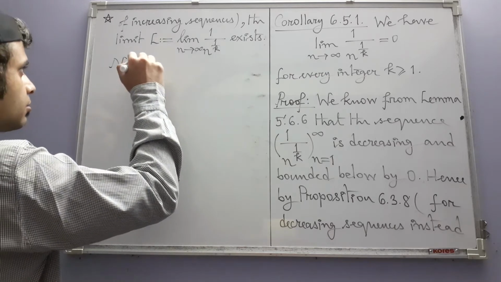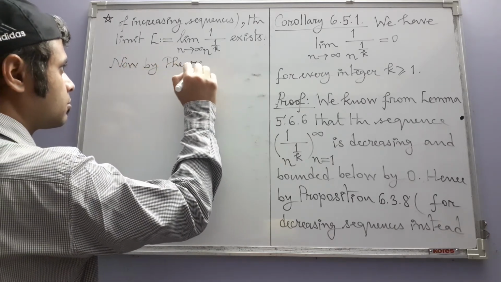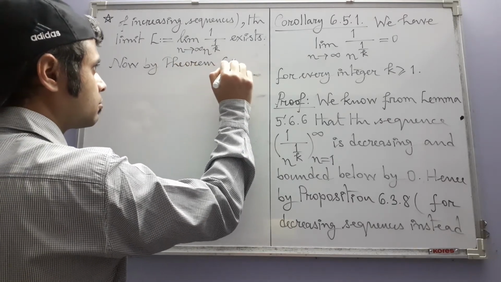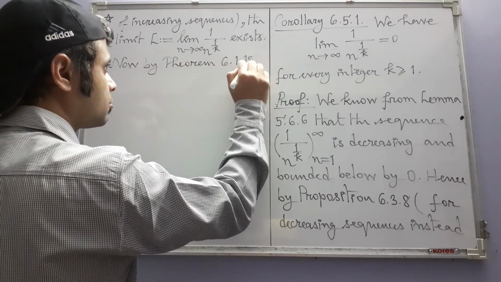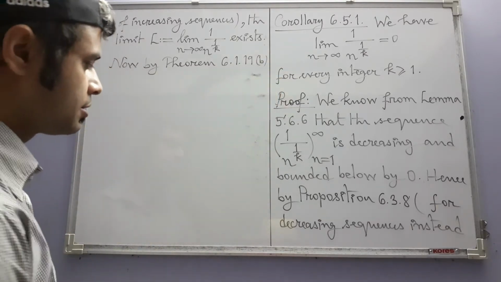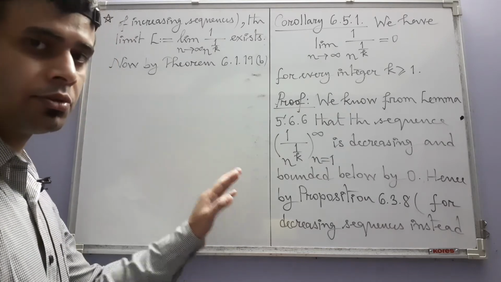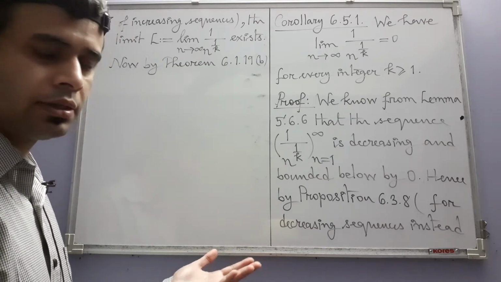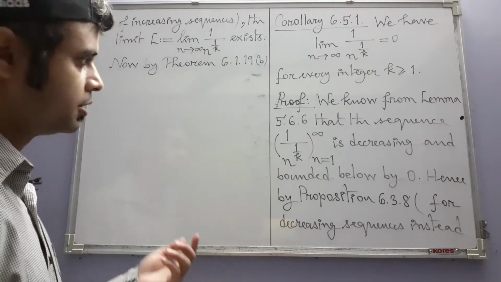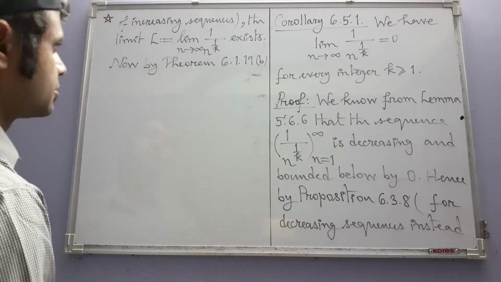By part B, actually. Part A, I think, says that the sum of two convergent sequences is convergent, and the limit is the sum of the limits. Part B involves the product of sequences.